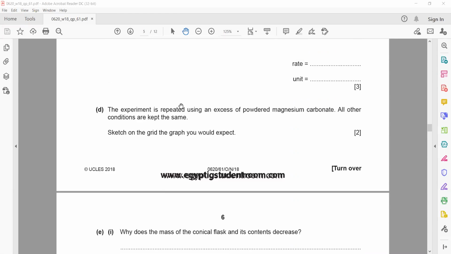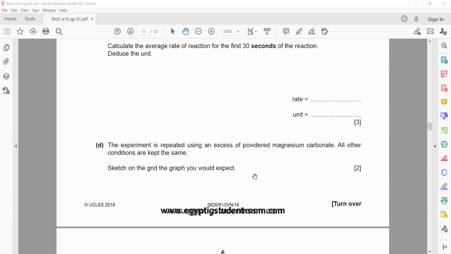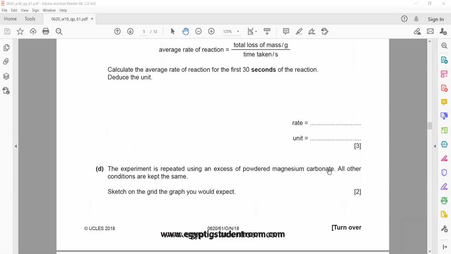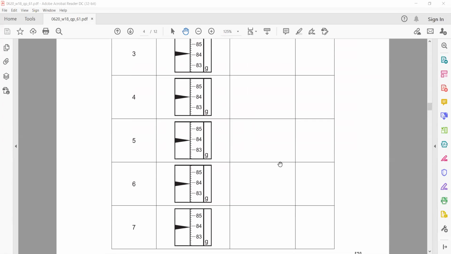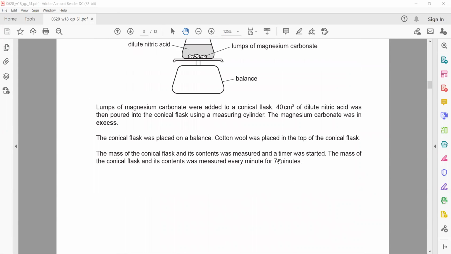The next part, experiment is repeated using an excess of magnesium carbonate. All other conditions kept the same. Sketch on the grid the graph you expect. But what we did, we used powdered magnesium carbonate. In the beginning, we were using excess of magnesium carbonate, but it was lumps. So the lumps of magnesium carbonate were used. That was in excess.